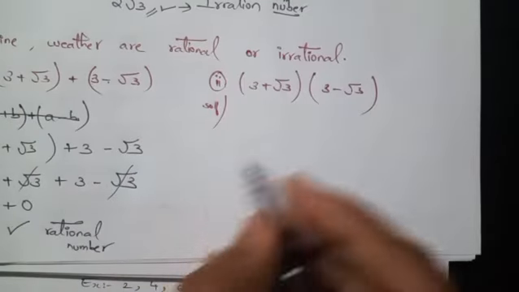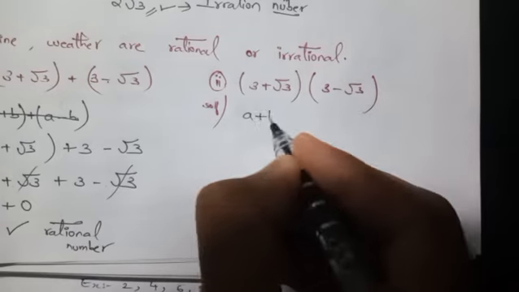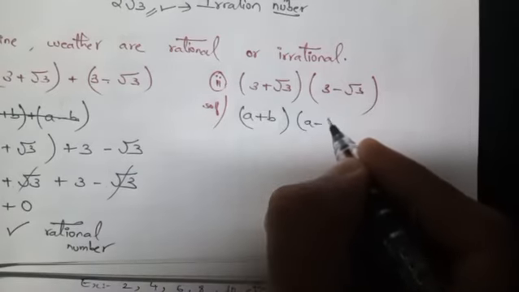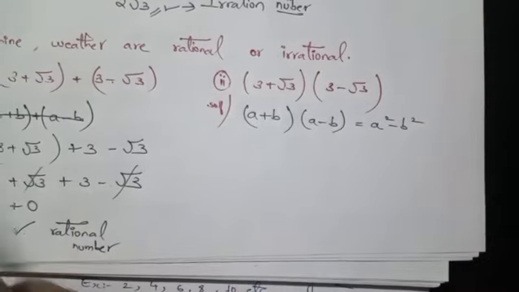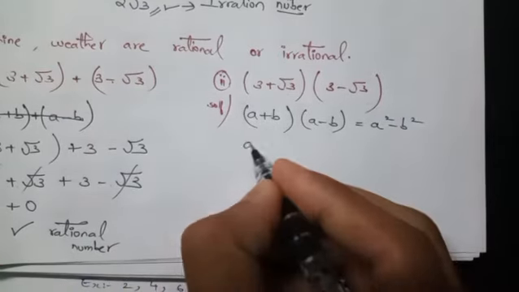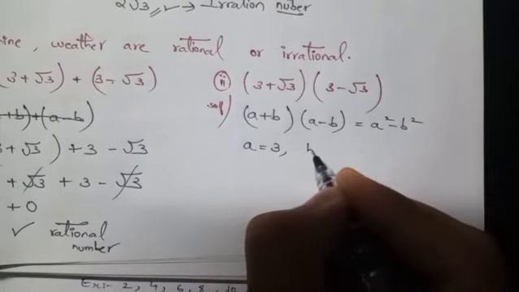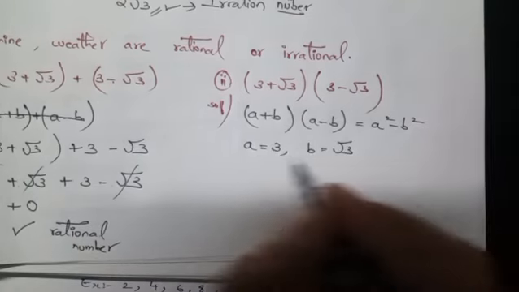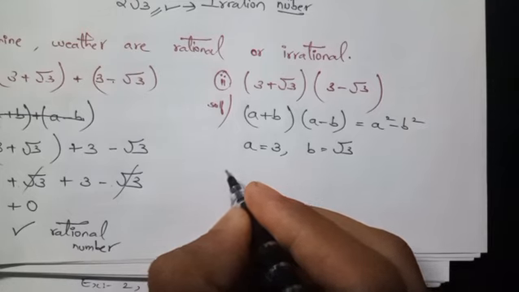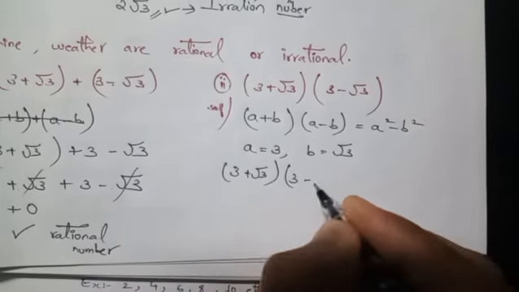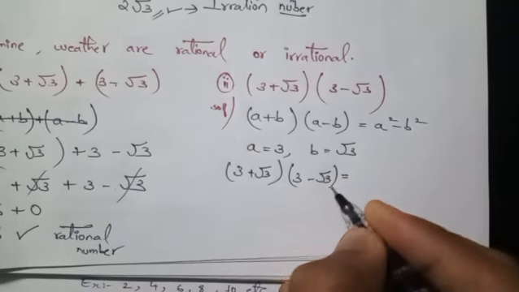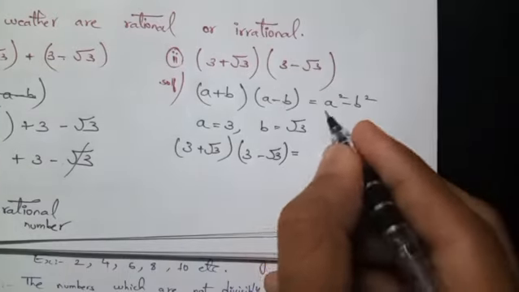Now this question, here you have to use one formula: a plus b into a minus b is a square minus b square. So what is a here? A is 3. What is b here? Root 3. So I'm writing the question, which is equal to a square minus b square.